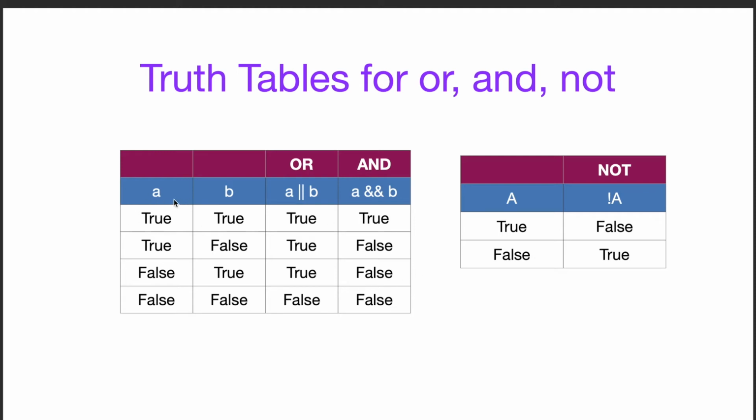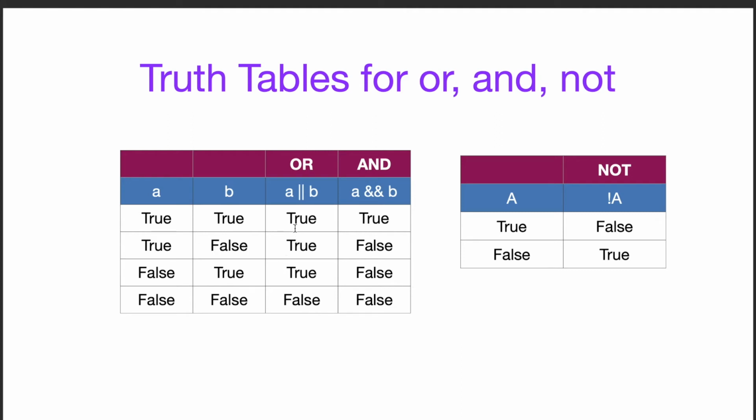So let's say we have a and b. That is the truth table. This is the syntax for or, and this is the syntax for and in this column. If we use or, it means that if either a or b is true, the result is true.